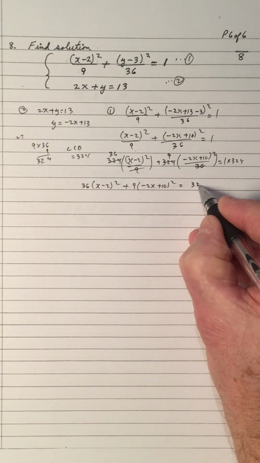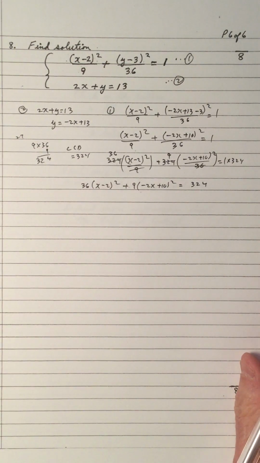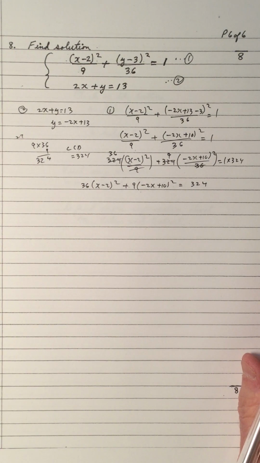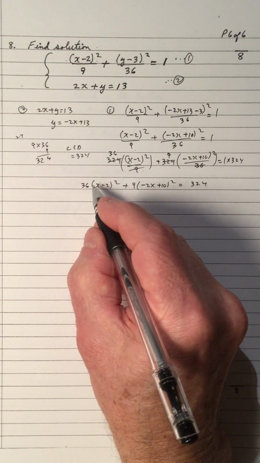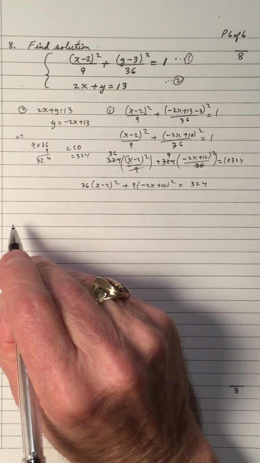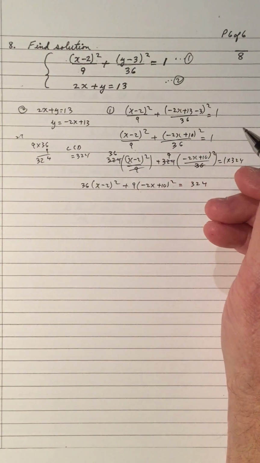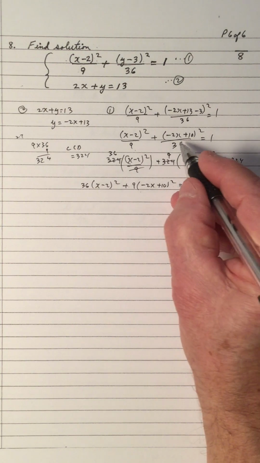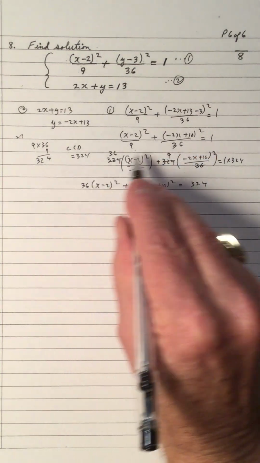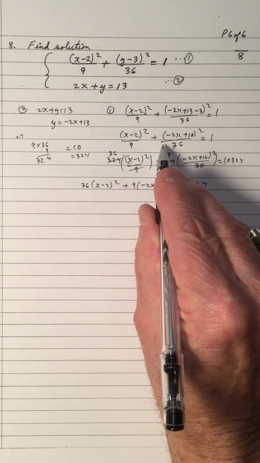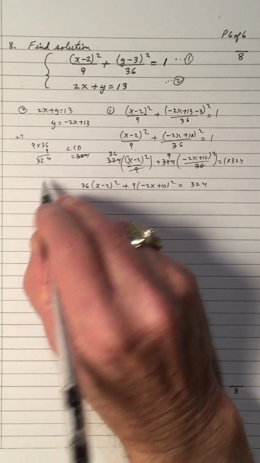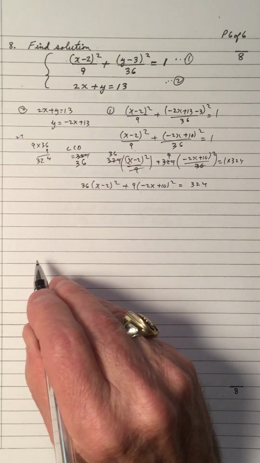And that's 324. Now we have to keep simplifying the equation. So what we have is 9 and 36. Now look what I just did. 36 is the LCD. I multiplied the two of them together. So let's take the LCD to be 36.